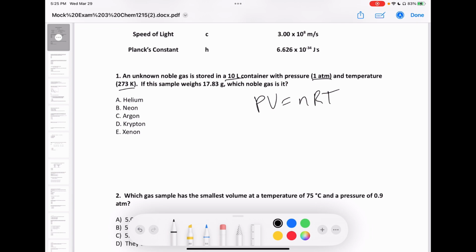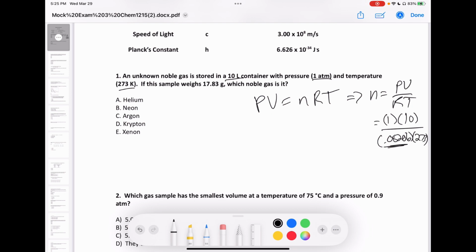So this implies that n is equal to PV over RT, which is going to be 1, 10.08206, 273. And remember, we're going to use this version of R because we're dealing with atmospheric pressures, and obviously we want that to cancel.